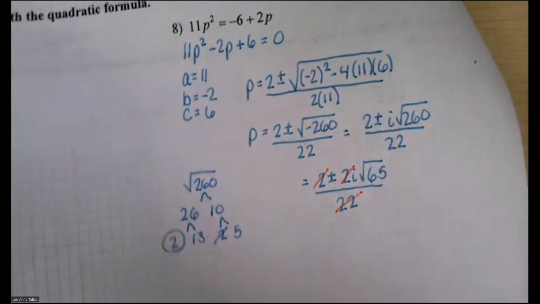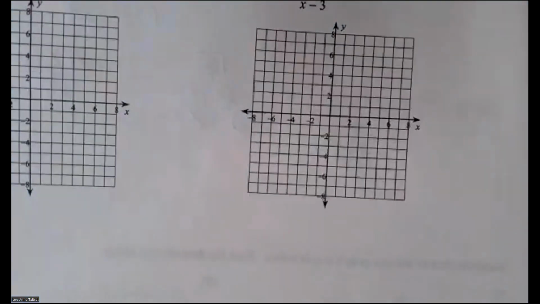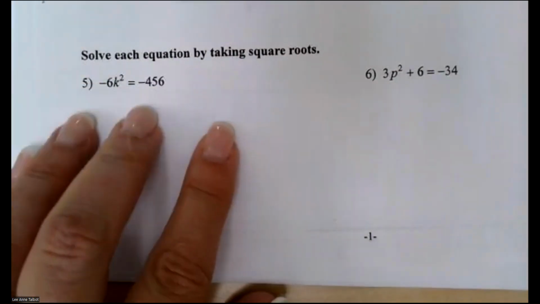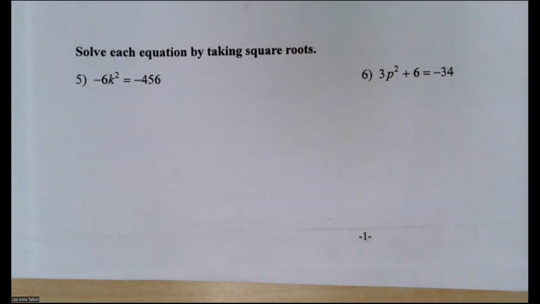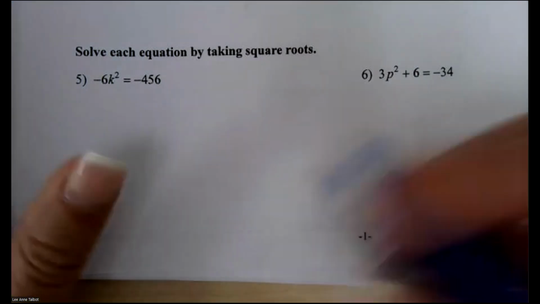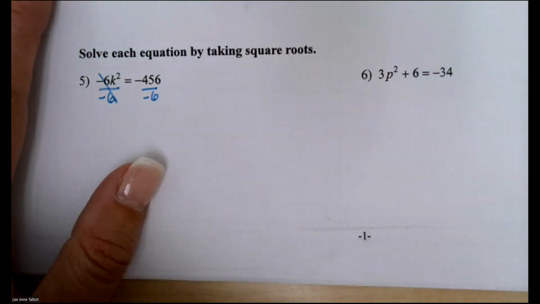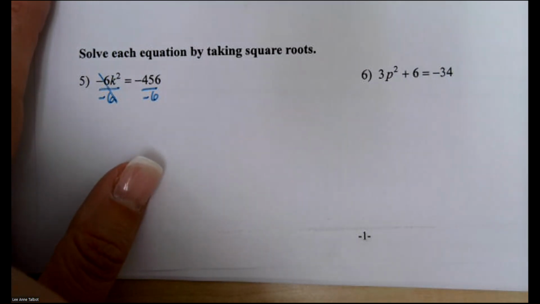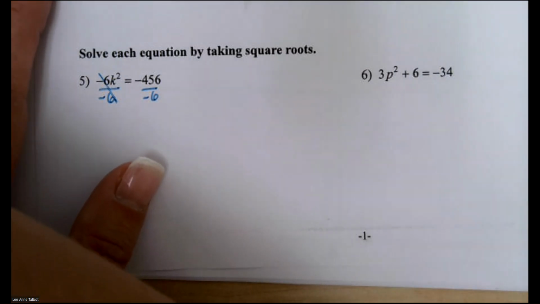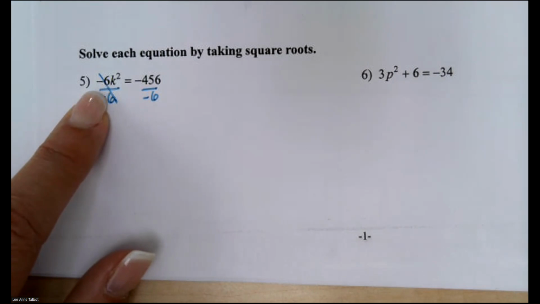Next one was 5. Oh, yes, number 5. Gio, this is you. Okay. Moral of the story on 5 and 6 is you have to get the squared by itself before rooting, because you can't root that -6.